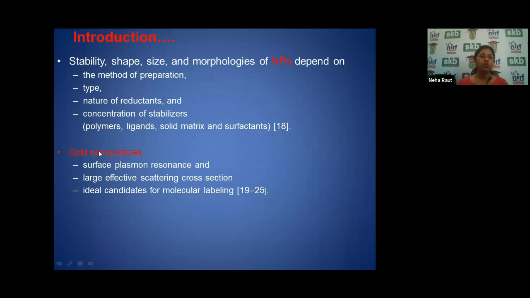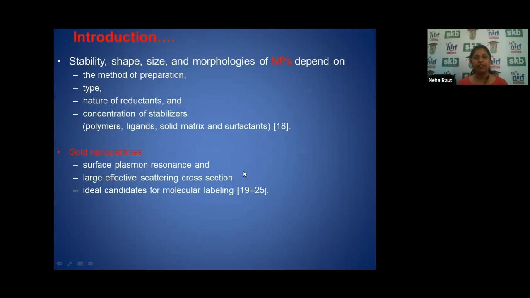The next is gold nanoparticles. Now, why did the present author select gold nanoparticles? It is because of the surface plasmon resonance and the large effective scattering cross section. This is what makes it an ideal candidate for molecular labeling. Yes, these terms are more physical aspects, like surface plasmon resonance.